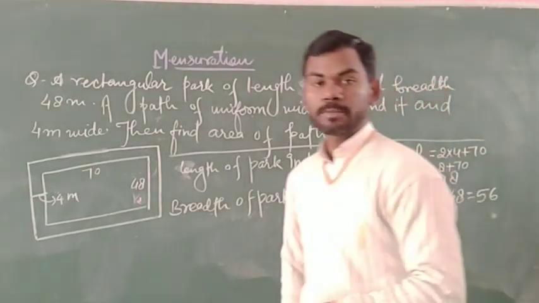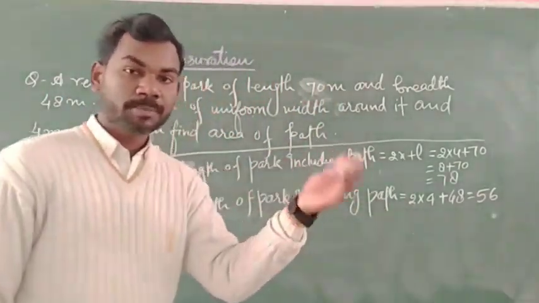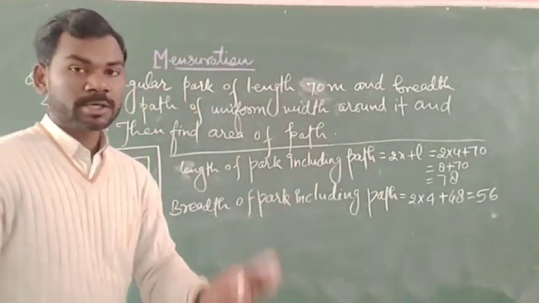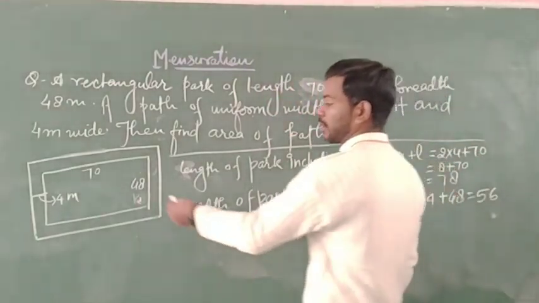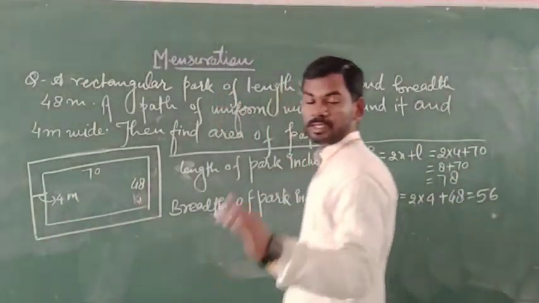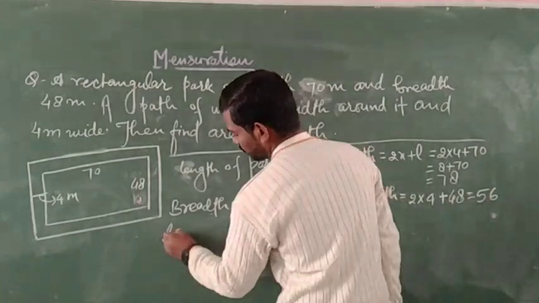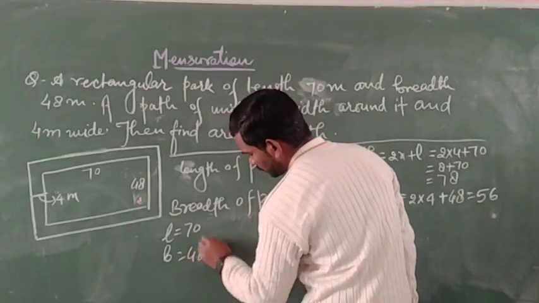So the width including path is 56 meter. So I hope the length and width is clear, and the length and width of the inner rectangle is already given, that is L equal to 70 and B equal to 48 meter.